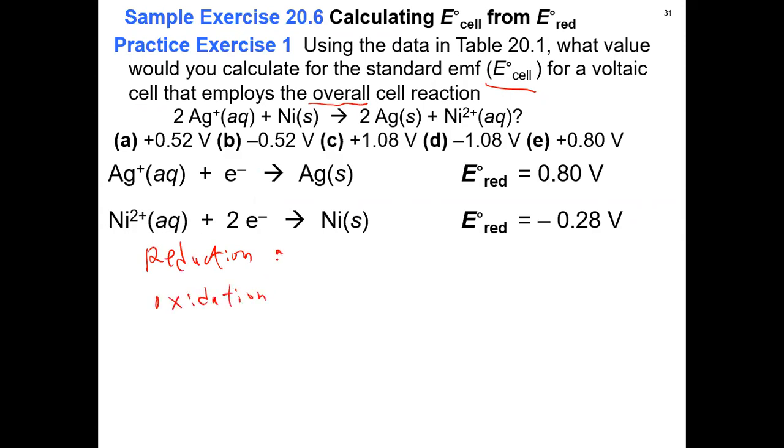Reduction happens on the cathode. Oxidation happens on the anode.